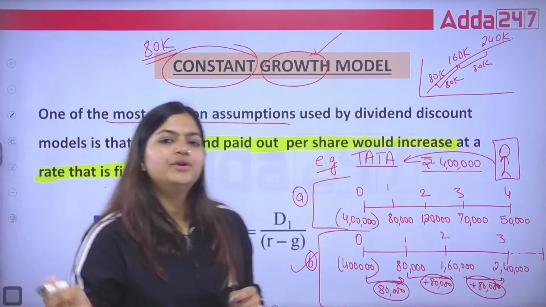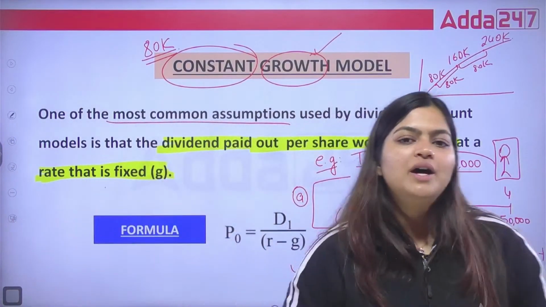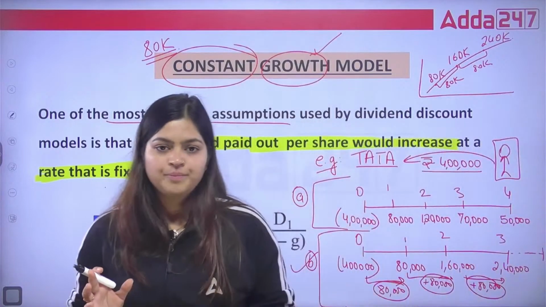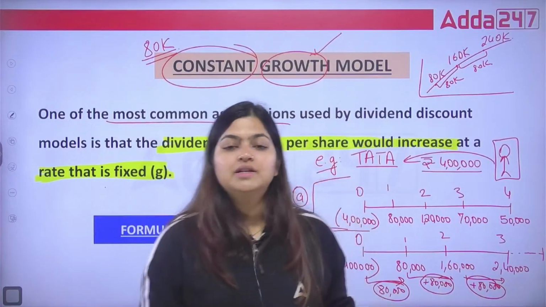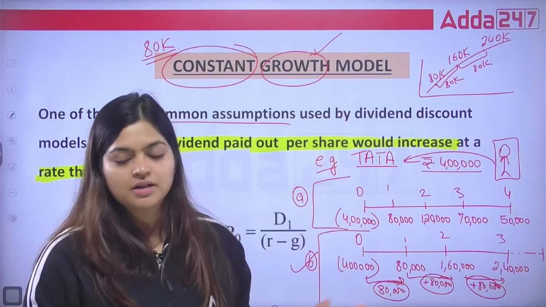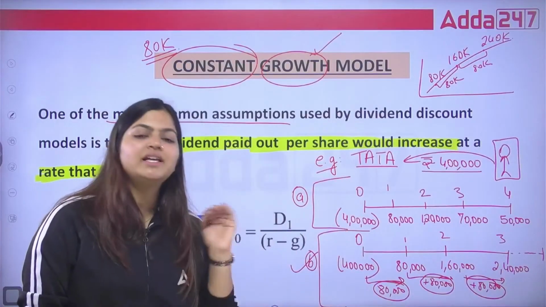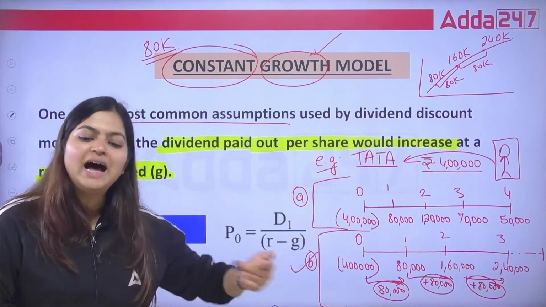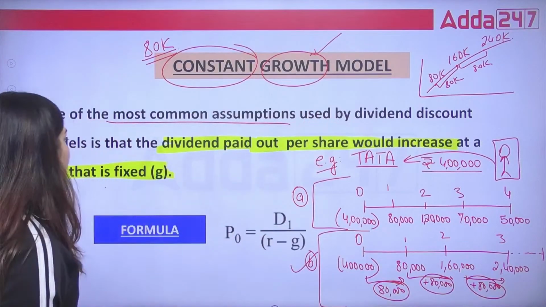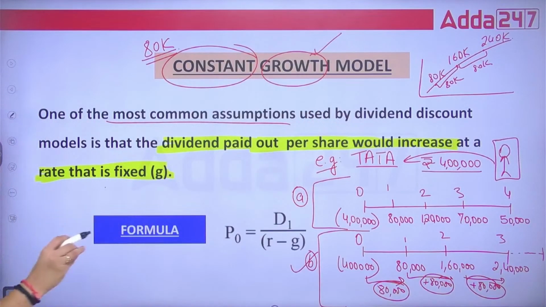Every year on your FD amount, you are going to receive 6% on your invested amount. I'm not talking about the compounding part. Whatever the basic investment you have made, if you are getting the same amount on that, that is your constant growth model.